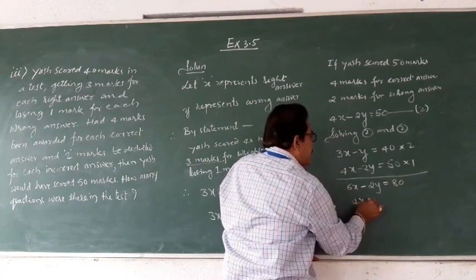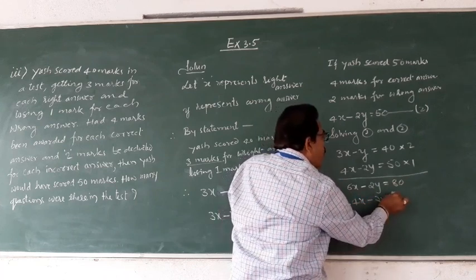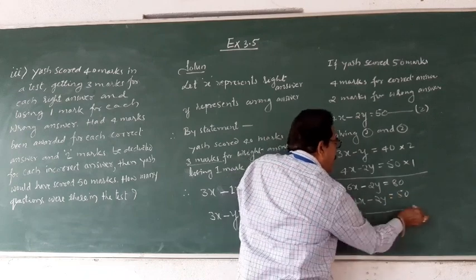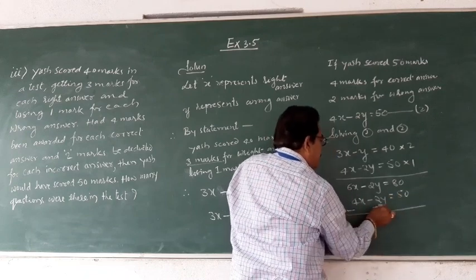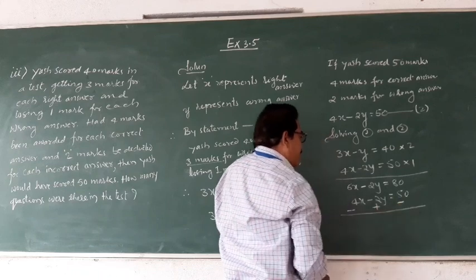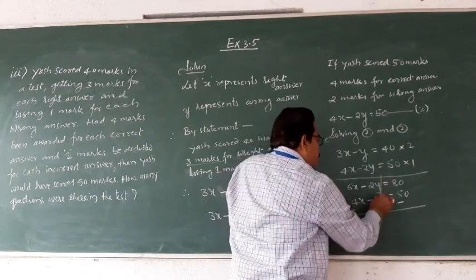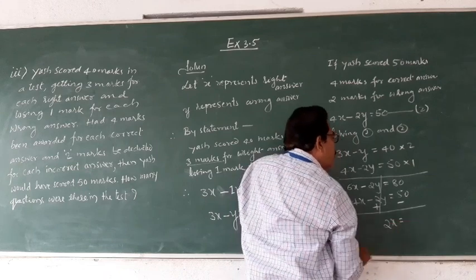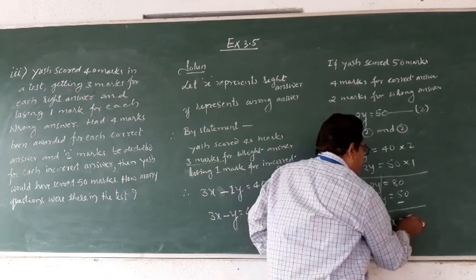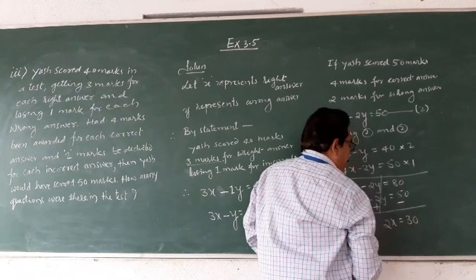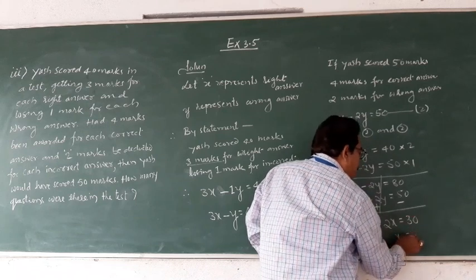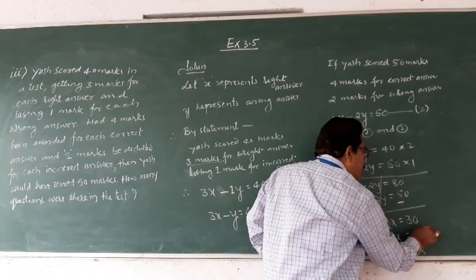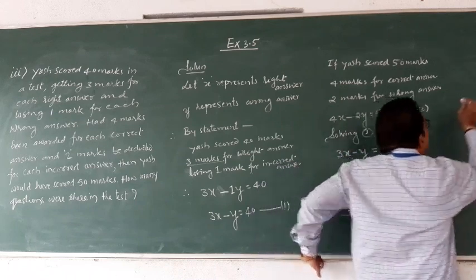Then 4x minus 2y equals 50. Now minus, plus minus, that is plus 2y minus 2y gets cancelled. 2x equals 80 minus 50, 30. Therefore x equals 30 by 2.